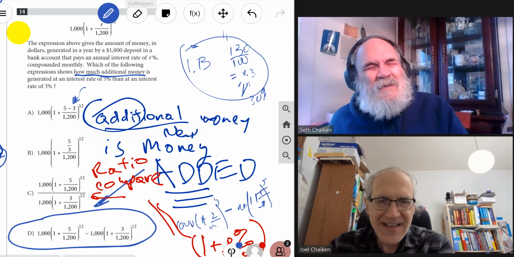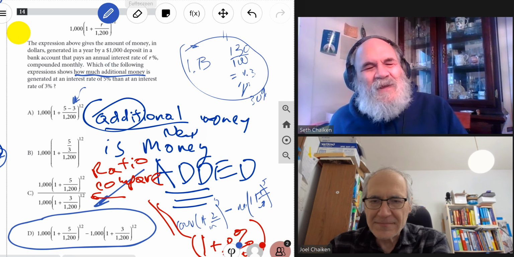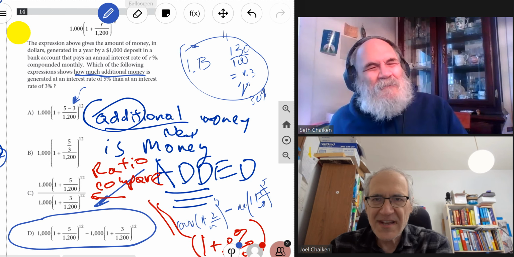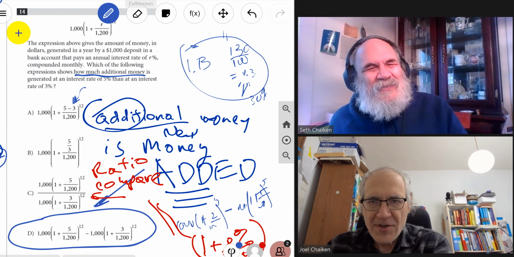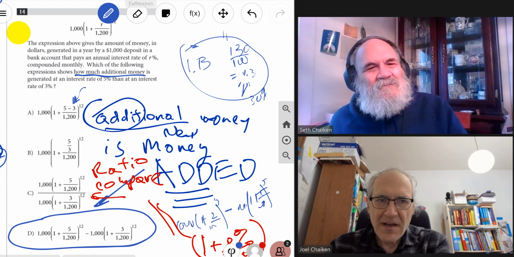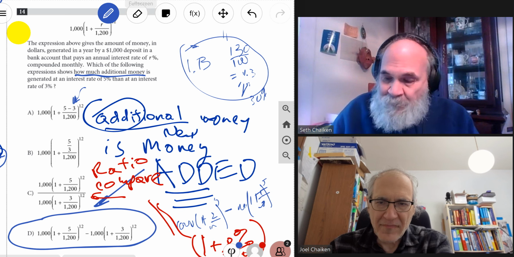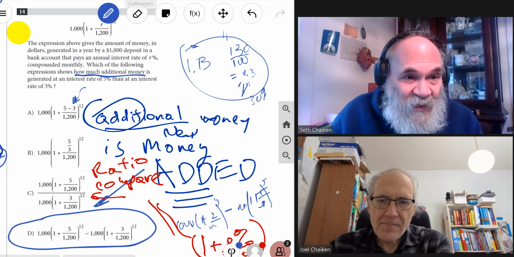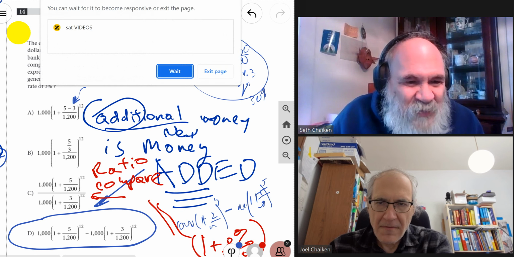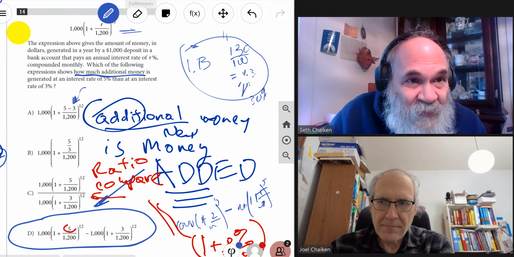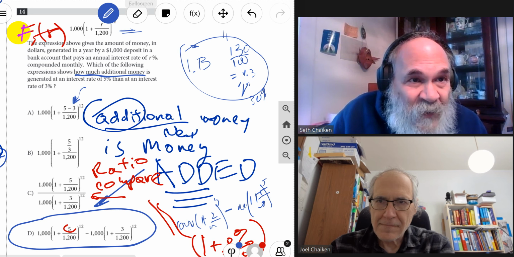But that's not this. That's what Seth was talking about. Notice that you don't even have to understand where this formula comes from, or use it to get a number for anything. You just have to notice that in the left-hand expression, this is the formula up here called f of r.